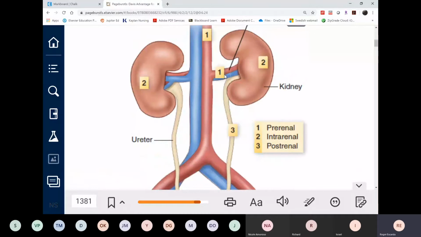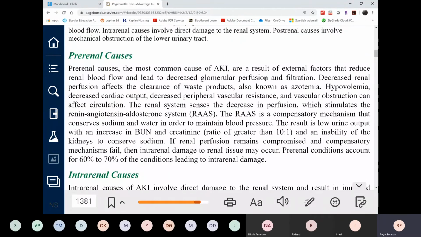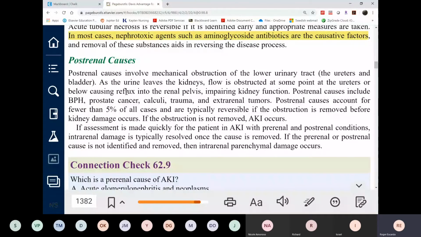We'll talk about the rest again in the earlier part of chapter 62, in a later module. All right. So here are the explanations of your pre-renal, intrarenal, and post-renal causes. So you read that on your own.